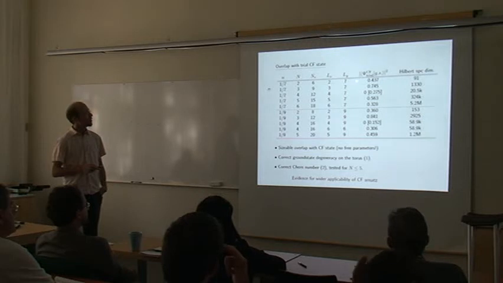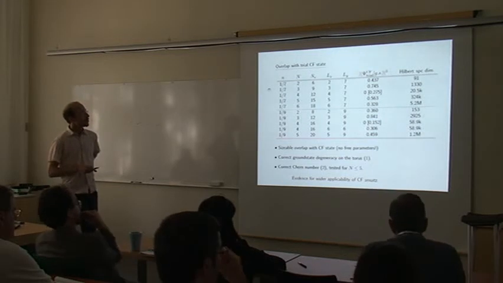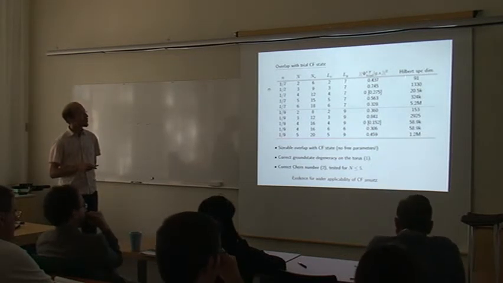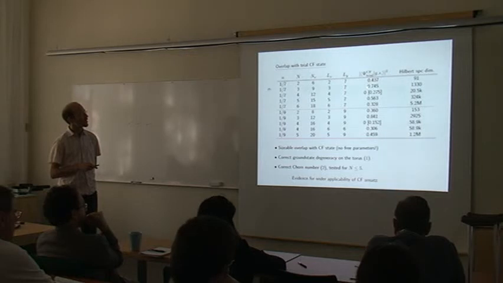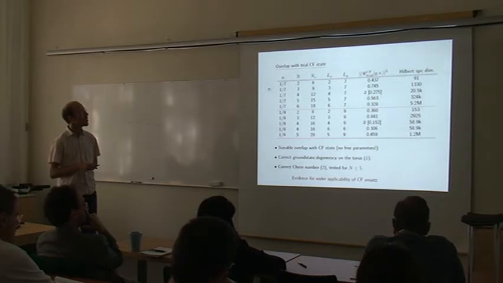So the geometries are in this case 2 by 7, 3 by 7, and so on. You start off with an overlap for 2 particles, which is around 0.4, and that increases to about 0.74 for 3 particles, and then kind of oscillates.